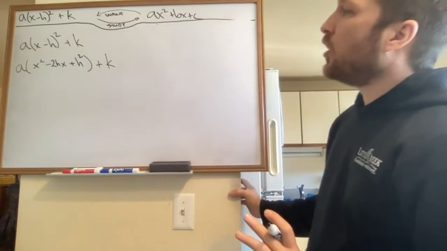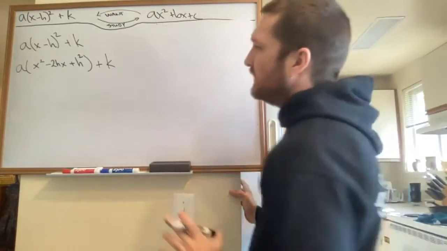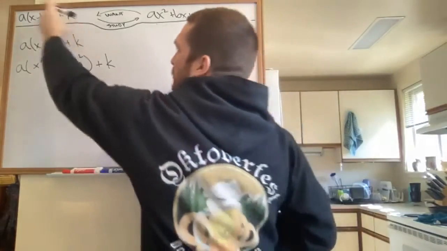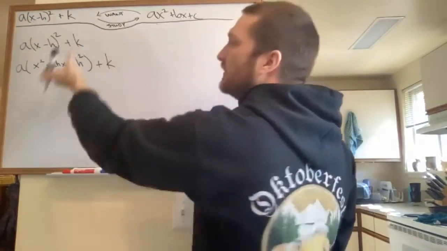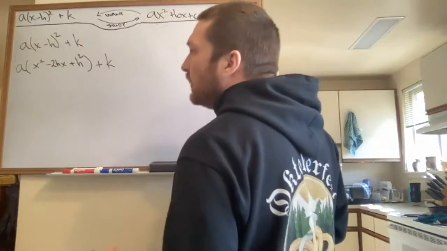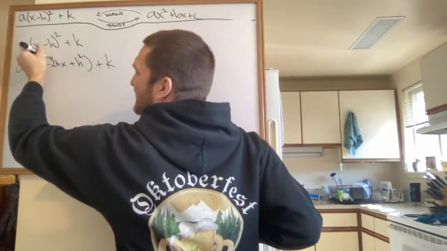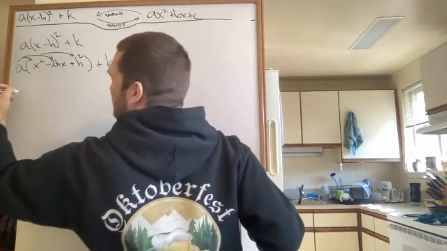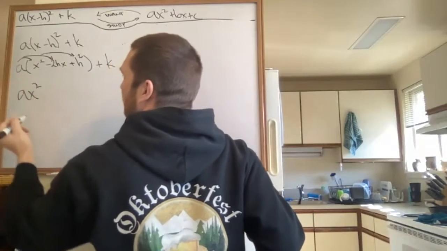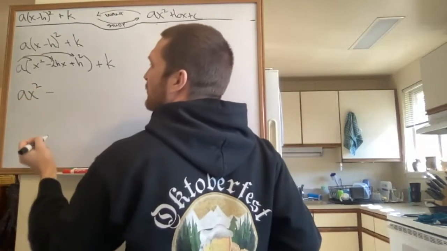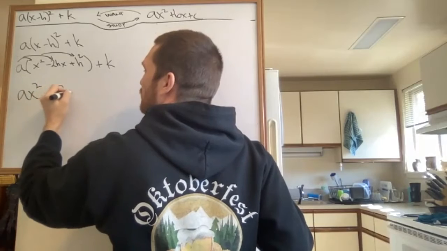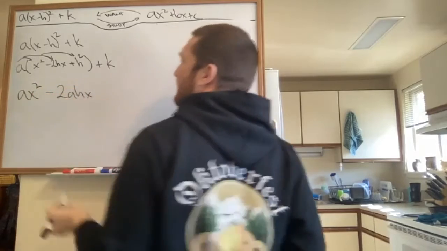So what we're hoping for here is that we want to be able to turn this thing into this thing, and what we've just done is multiplied it out. Now it looks like we're going to have to distribute the a into every one of these. Let's just see what happens. ax squared minus 2ahx.